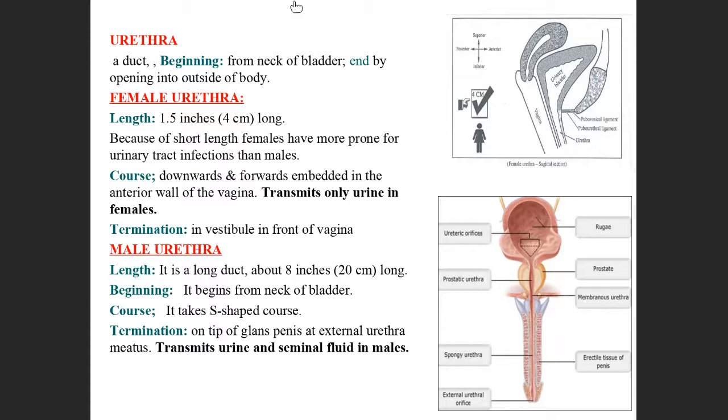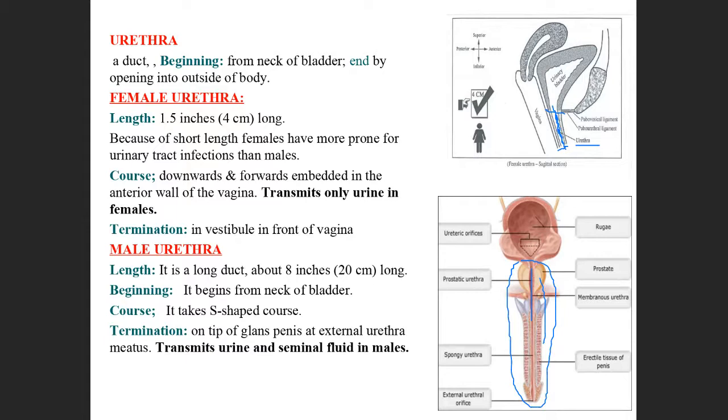The female urethra is very small. This one is the female urethra, whereas the male urethra is larger. The female urethra passes only urine, whereas the male urethra passes both urine and seminal fluid.